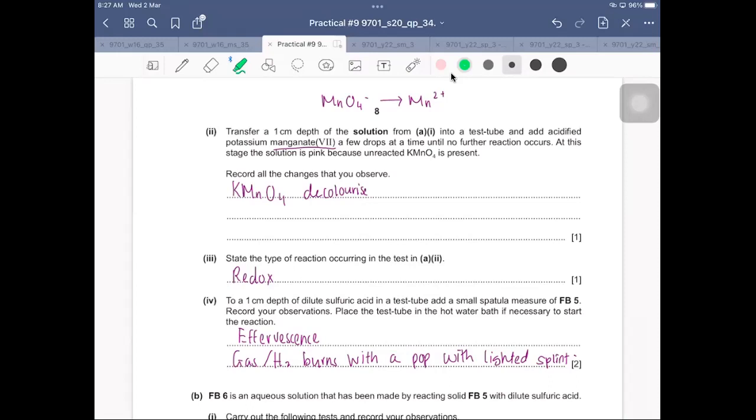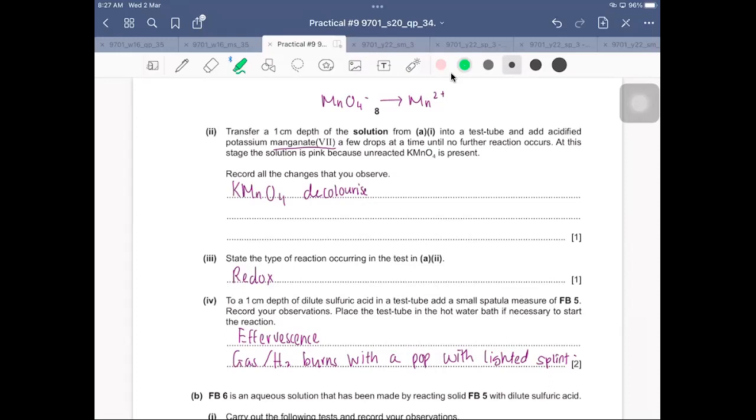But that is not a change because the purple color is the original color of the potassium manganate. So you cannot say the solution turns purple because of course it will turn purple because of potassium manganate. If the potassium manganate changes to colorless, then that is an observation that you should note. Okay? The potassium manganate decolorized or it turns colorless.